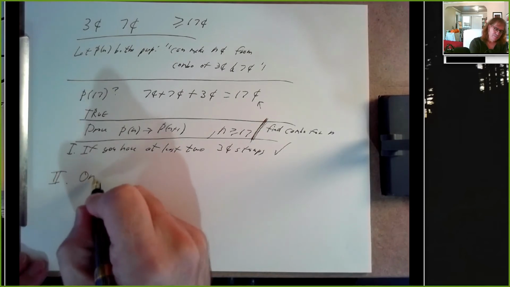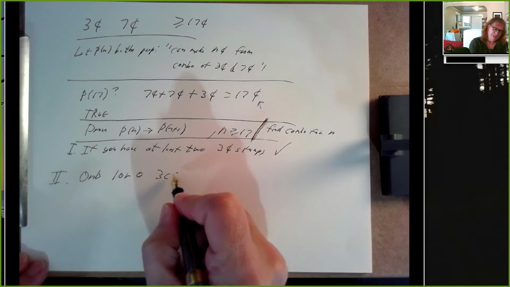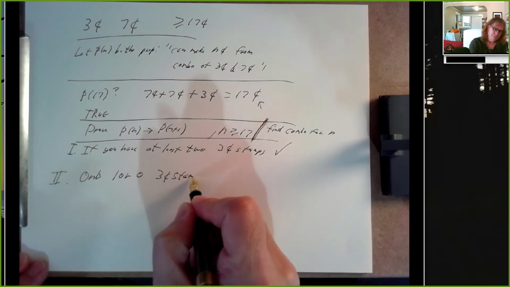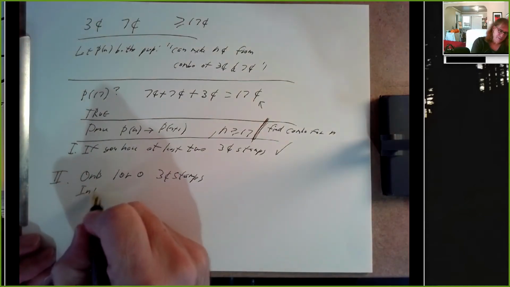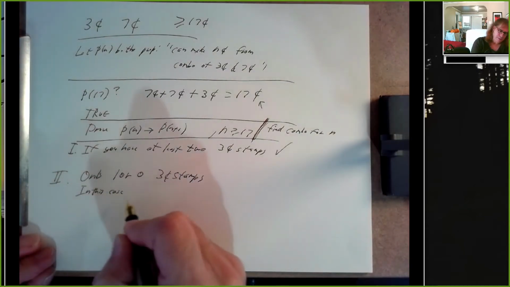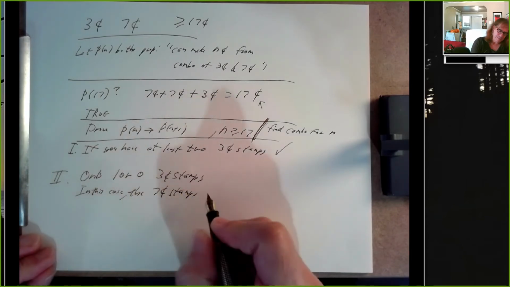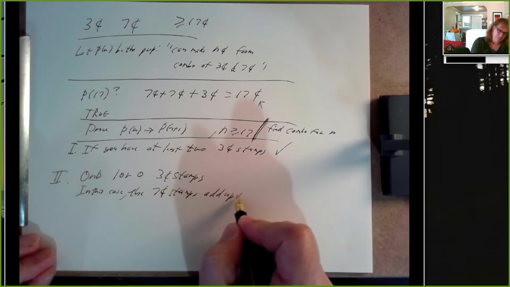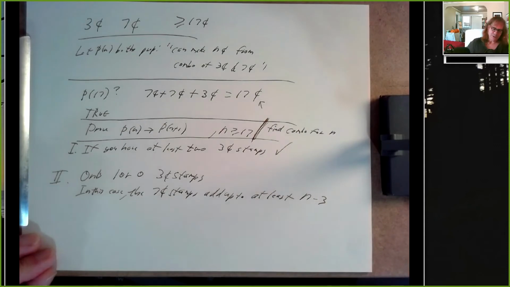Case 2, there's only 1 or no 3-cent stamps. If there's only 1 3-cent or there's no 3 cents, we can't peel off 2 of them. We've got to do something different. Okay. Well, in this case, the 7-cent stamps that are present add up to at least n minus 3.